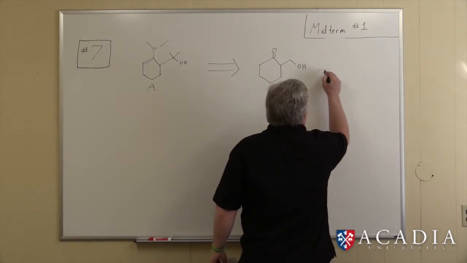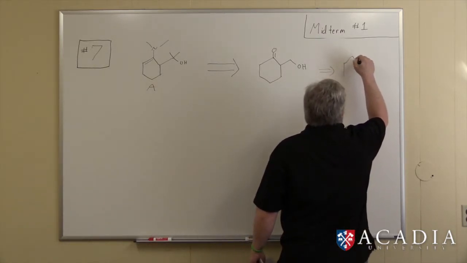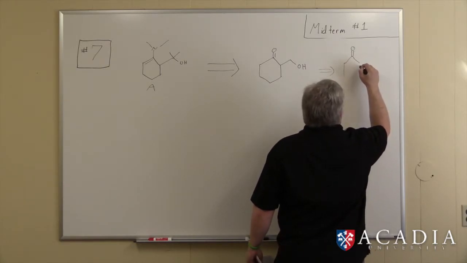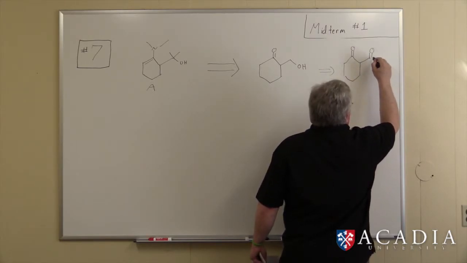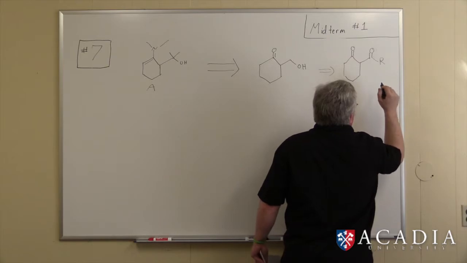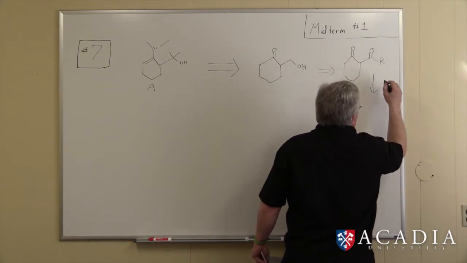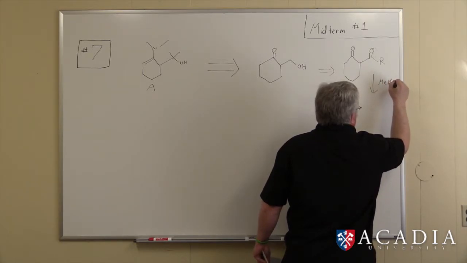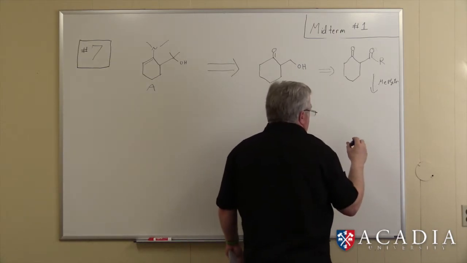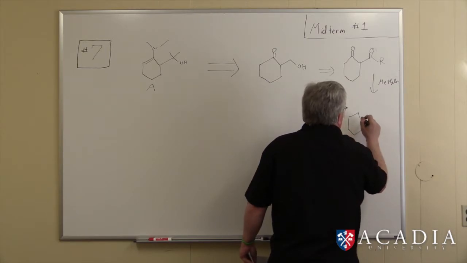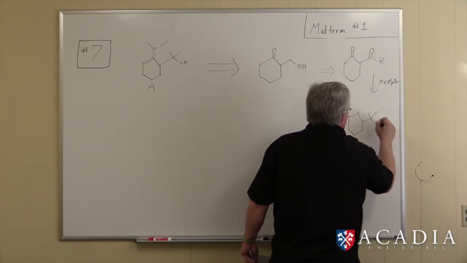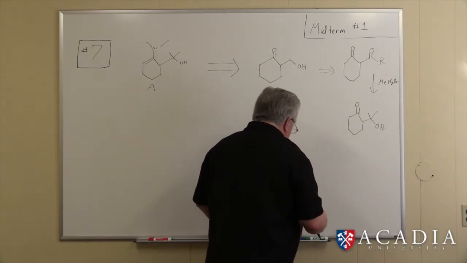So somehow we need, and I don't know what that's going to be, but here I'm going to add methyl magnesium bromide. But what I want to be able to get to is this somehow.